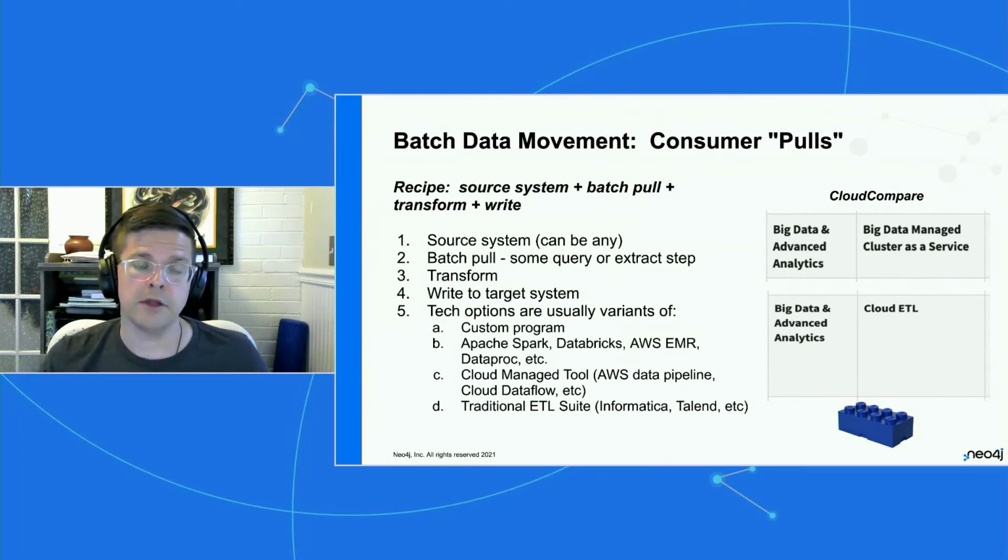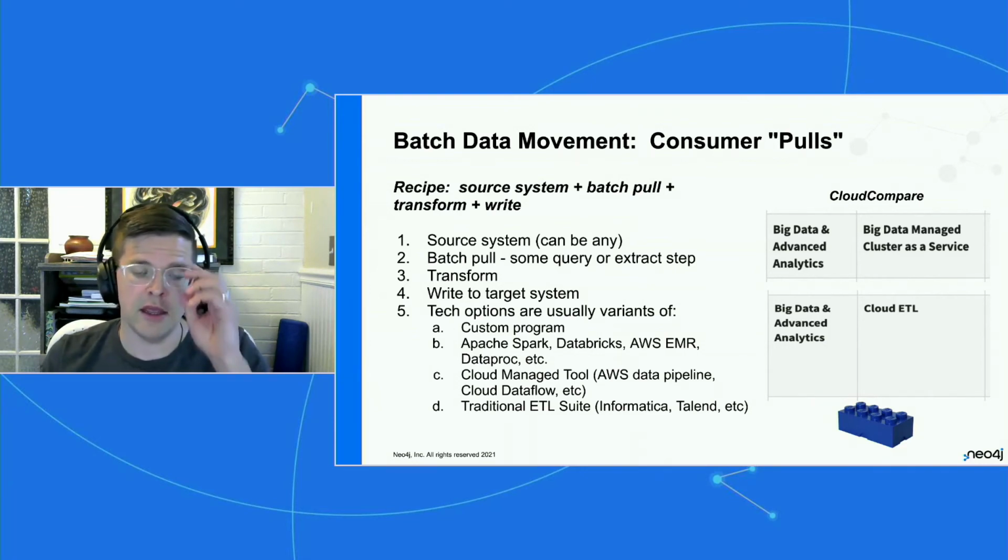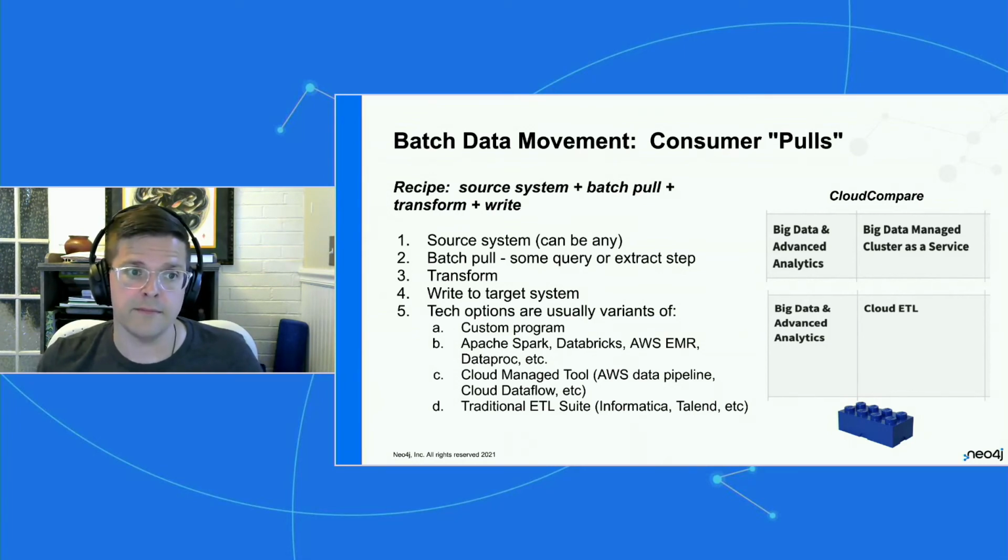The batch pull is going to be a query or an extract step, and what that looks like depends on the source system. So if you're coming from Postgres, the batch pull could be nothing more than select star from table. And if it's S3, it might be like loading a JSON file off of S3.